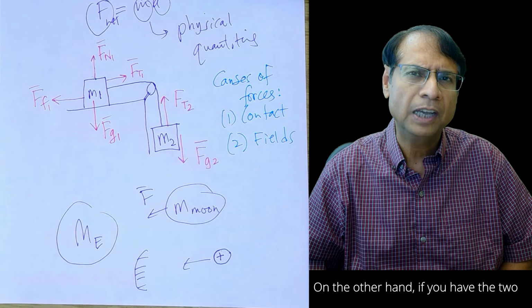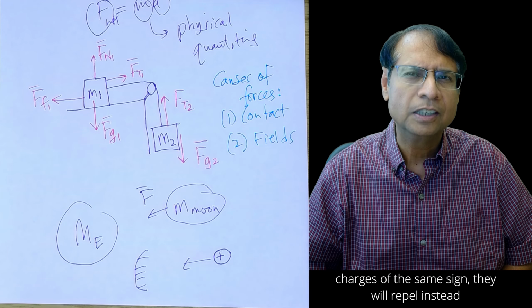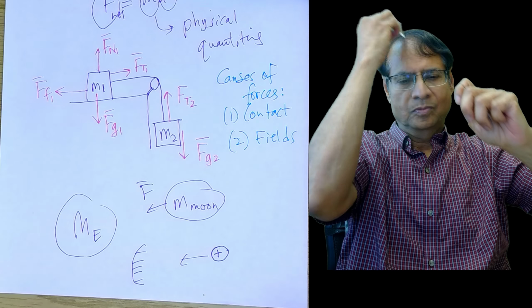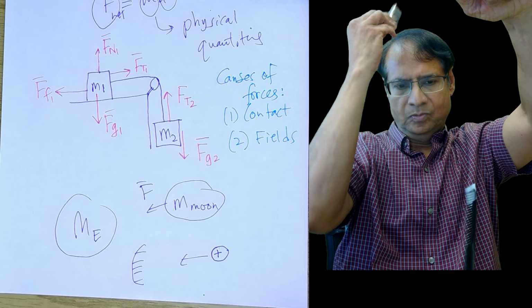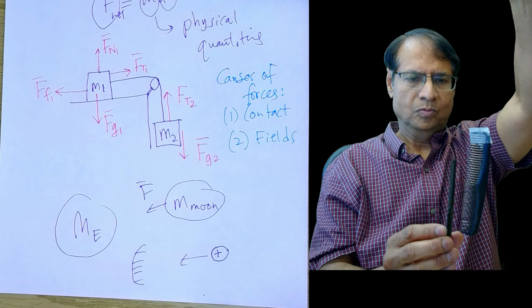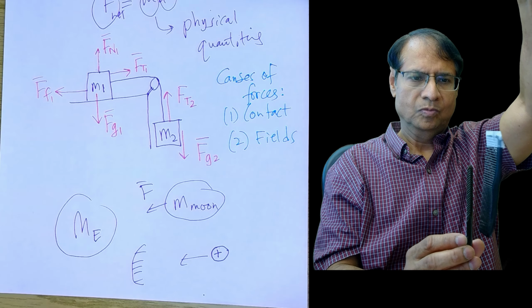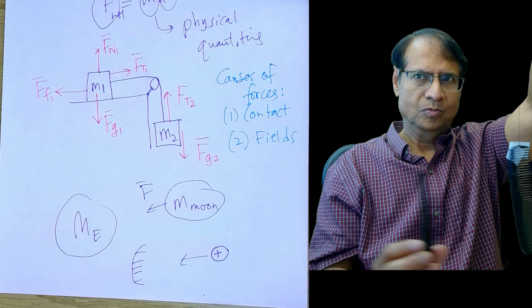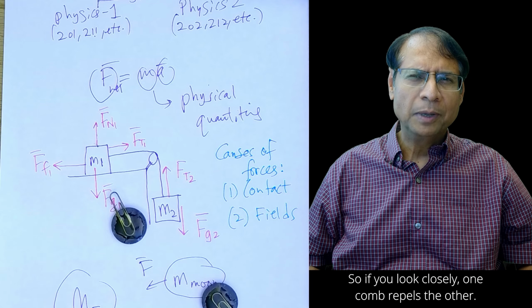On the other hand, if you have two charges of the same sign, they will repel instead of attract. So if you look closely, one comb repels the other.